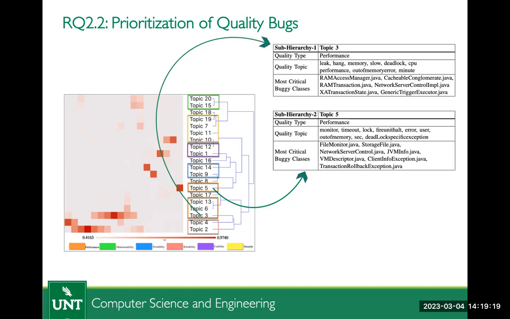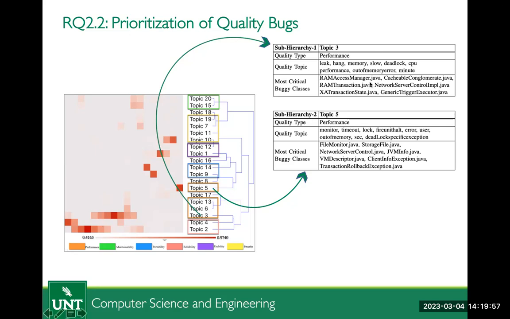Based on the observations that we got, quality bugs naturally fell into 6 categories of clusters, with performance quality bugs being the dominating one across the Derby project. So the orange rectangle here basically showed the top hierarchy of performance concerns to be the most dominating ones for topics 3, 5, and 6. And it's affecting multiple classes. The darker brown color showed the higher number of classes affected.